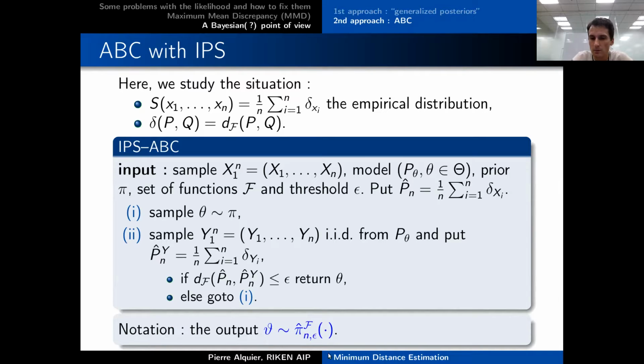I will denote the corresponding posterior with this heavy and ugly notation, but keep in mind that it depends on n, on epsilon, and on the integral probability metric F. And the question is, does this look like the true posterior, or maybe even better, does it work better than the true posterior, which can be the case.